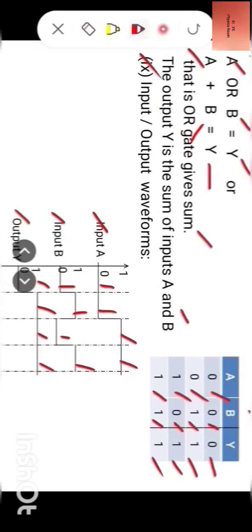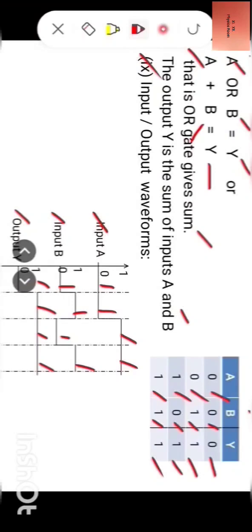You must be able to recognize from the truth table which kind of gate it is. Also you must be able to recognize the waveform for a particular gate. That is the skill needed here to understand logic gates.